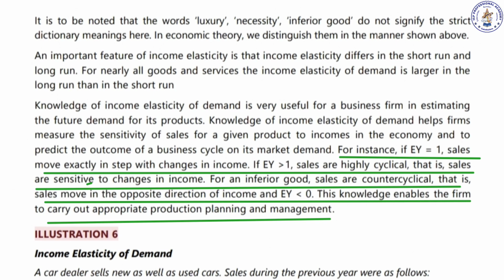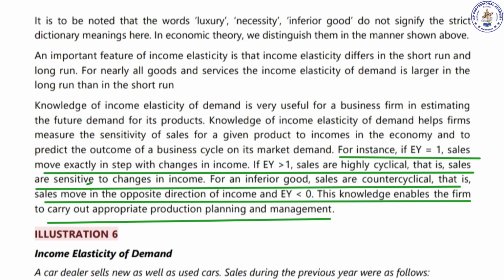That is, it is moving in the opposite direction. So for the business firm to make appropriate planning for production and to manage cost effectiveness, it needs to understand the elasticity of demand with regard to income.